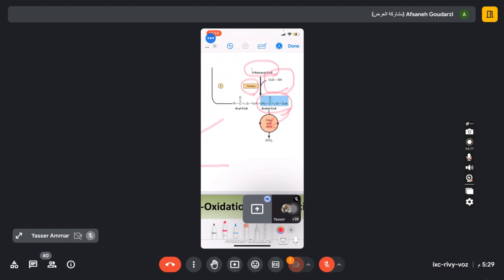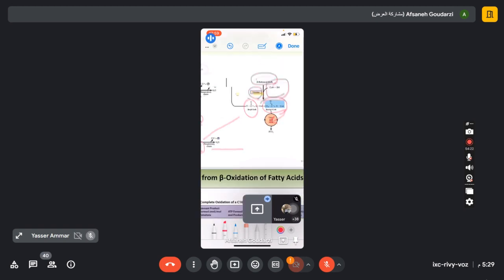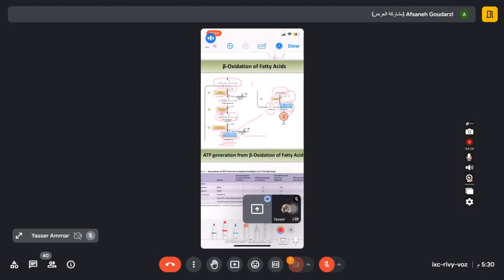Acetyl-CoA enters the Krebs cycle. The remaining part goes back to this reaction because it wants to lose another 2 carbons, another acetyl-CoA. We said that if it has 16 carbons, we need to perform this metabolic pathway 7 times until we oxidize the whole 16 carbon fatty acid.